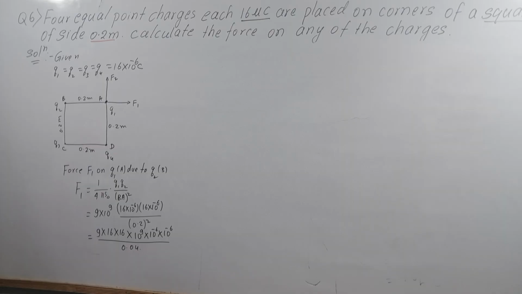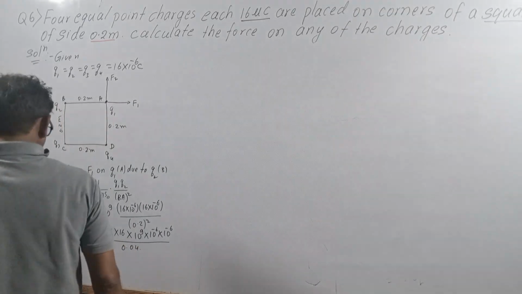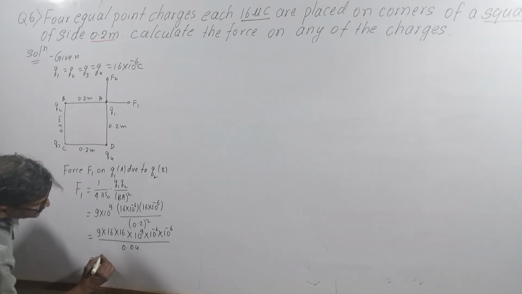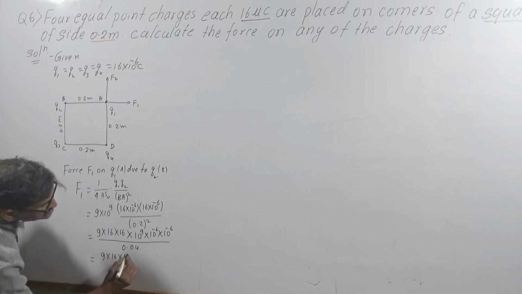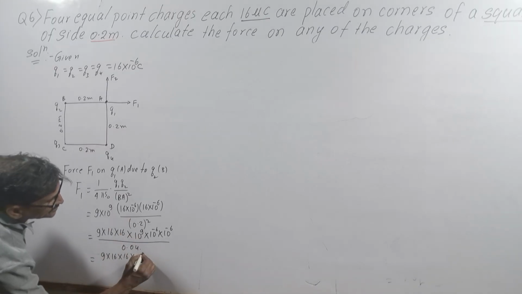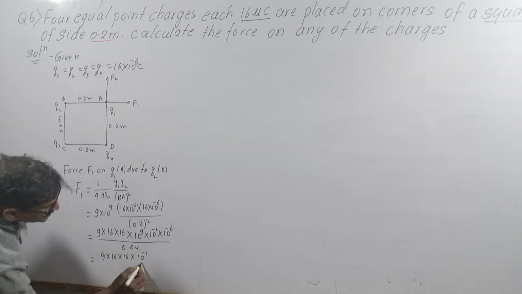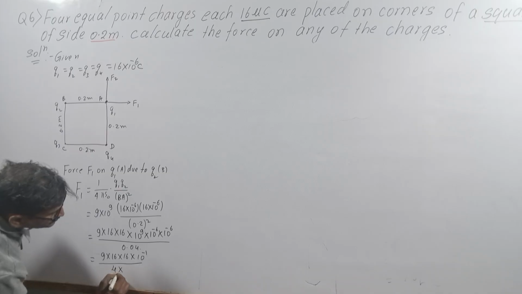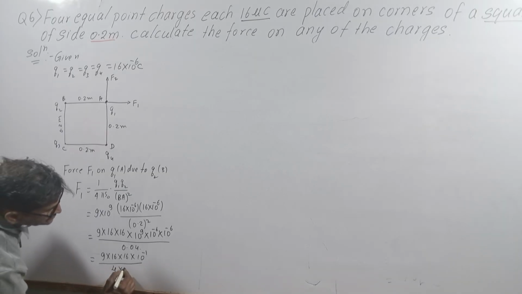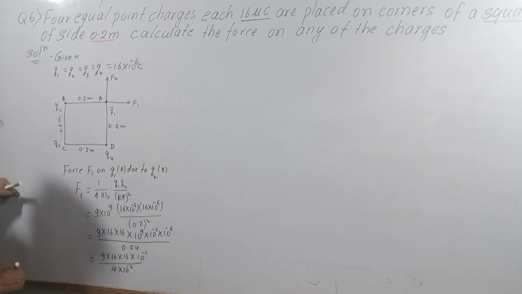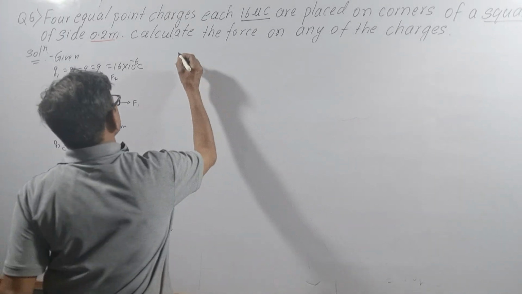One more step we can write here: 9 into 16 into 16 into 10 to the power minus 1. And if you take this 4 by removing the decimal point, that is equal to 10 to the power minus 2.